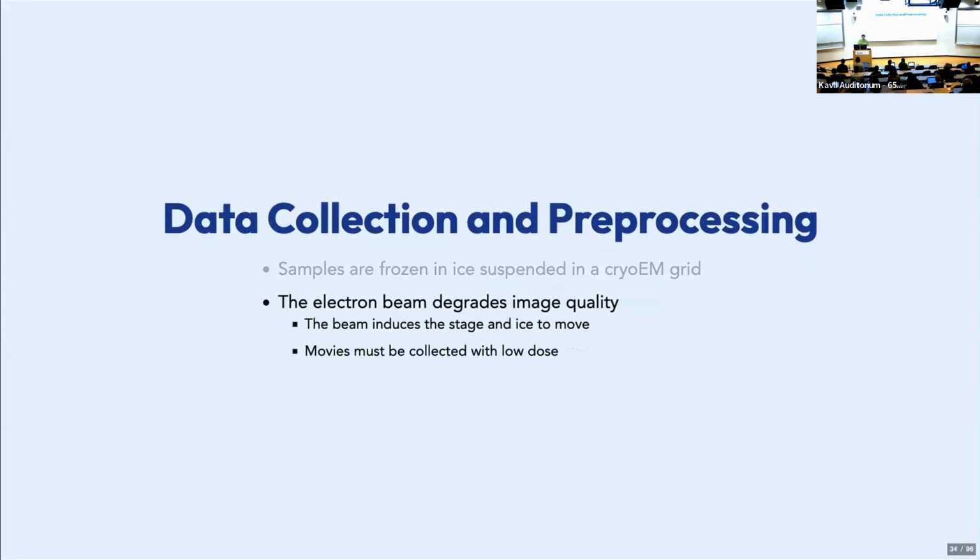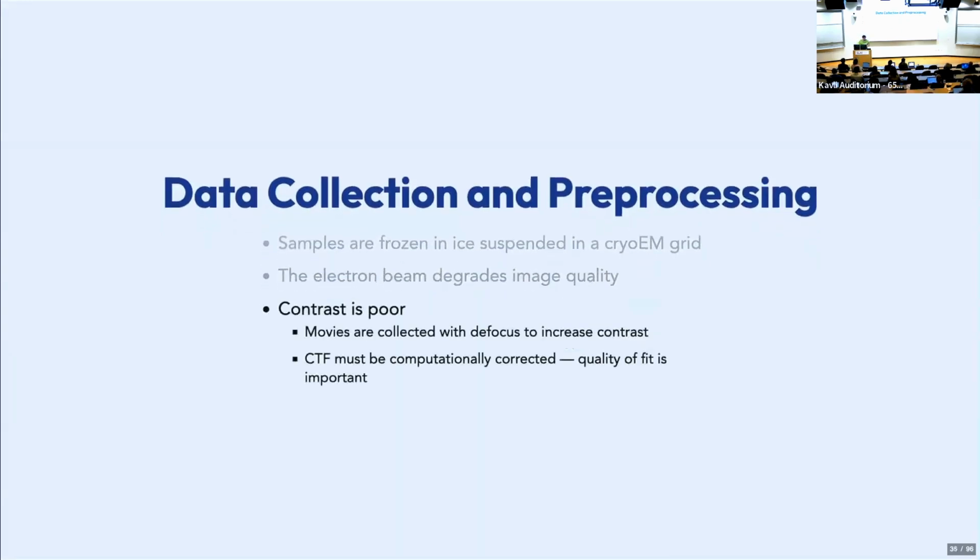So we need to do this motion correction to correct for what the electron beam does to the ice. And we also need to collect with low dose to preserve that high frequency information. The last thing is that contrast is very poor if we collect at focus. And so we collect with defocus, which we have to computationally correct by modeling the contrast transfer function and applying it in reverse. And then we also need to extract that bigger box to collect that information that's been pushed outside the particle bounds. Okay.